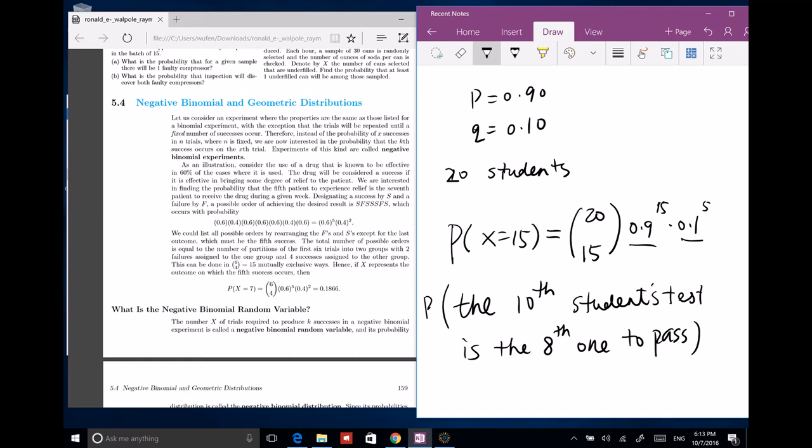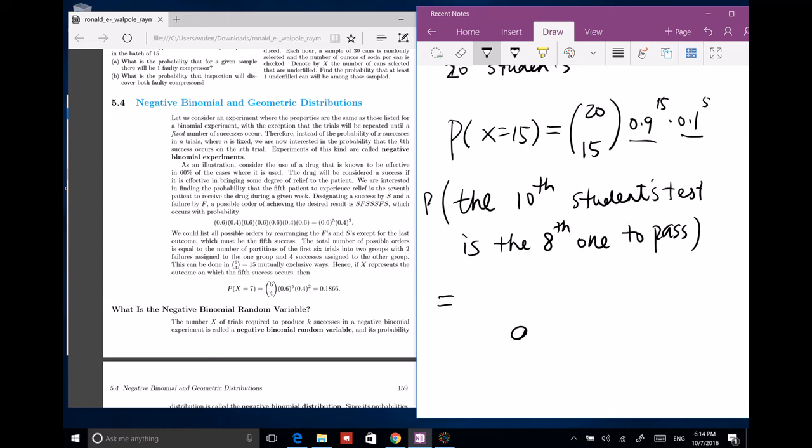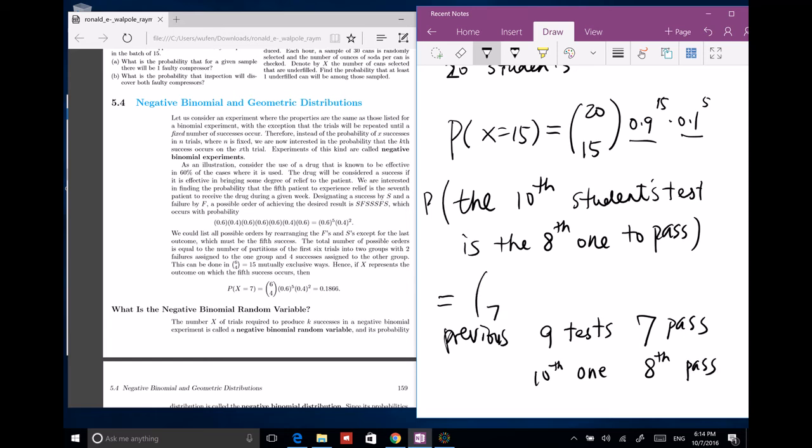Does it make sense? The 10th student's test is the 8th one to pass the class, which means during the previous 9 tests, 7 have already passed. I don't know which 7, but we choose 7 out of 9.